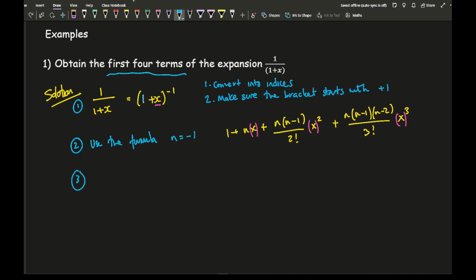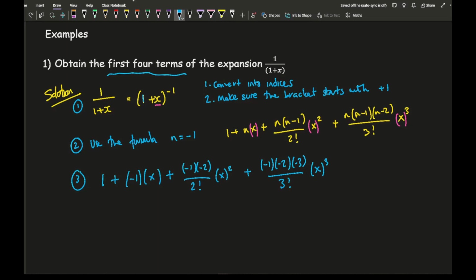So here I've got n equals -1, so it's going to be 1 plus, now I always like to use brackets wherever I can. It just makes it a lot easier. So here I've got (-1)(-1 minus 1) over 2 factorial, and that's x squared, plus (-1)(-1 minus 1)(-1 minus 2) over 3 factorial, that's x cubed.